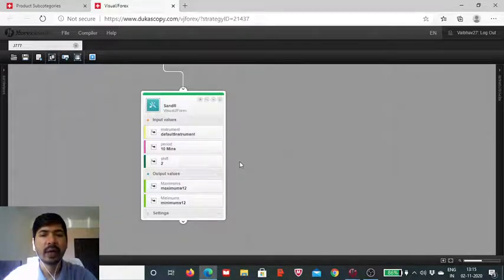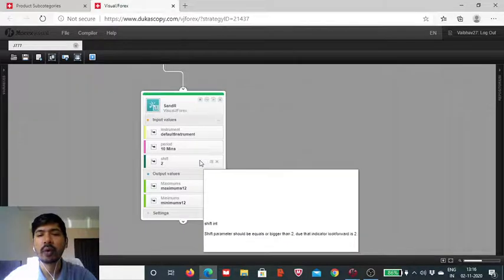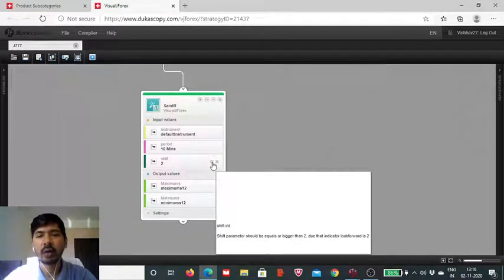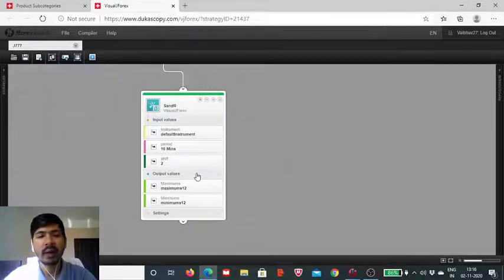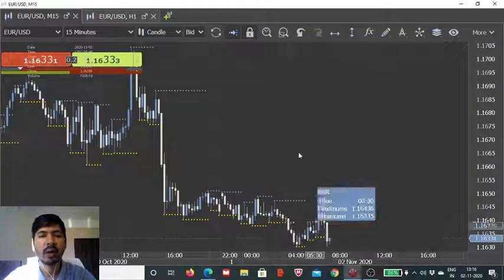That's why the shift is kept at 2, or you can even change it. You can go back in time if you want to do that. Depending on how you have customized these three input parameters, you will be getting the maximum and the minimum value, which are going to act as the support and resistance for us.